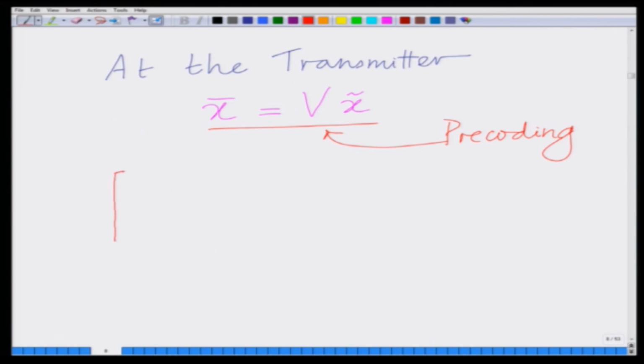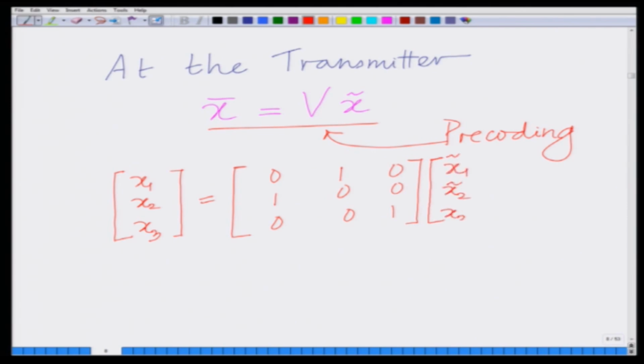Therefore, I have x1, x2, x3 equal to V, which is [0, 1, 0; 1, 0, 0; 0, 0, 1] times x1 tilde, x2 tilde, x3 tilde. So, this is basically my x bar, this is my matrix V, and this is my vector x tilde. This is the pre-processing at the transmitter.